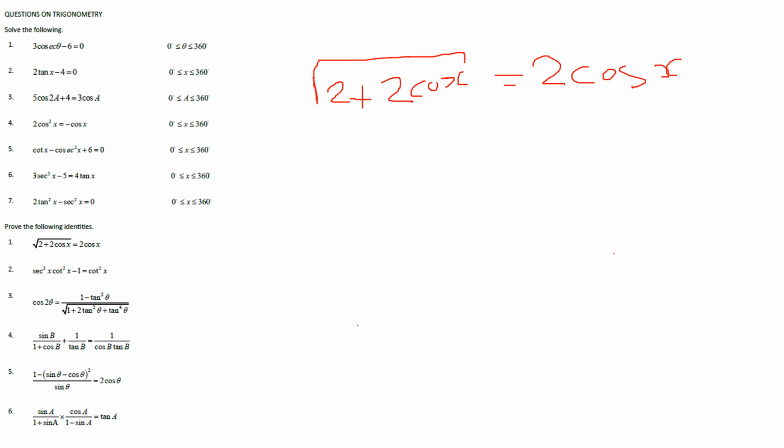Okay, so on my left hand side I'm going to simplify. On my left hand side I have a square root, so inside I can see there I have a common factor of 2. But if I take out a common factor of 2, how will that help me?